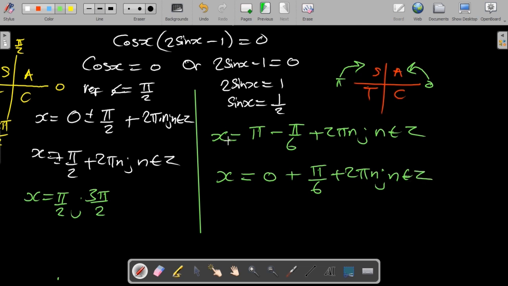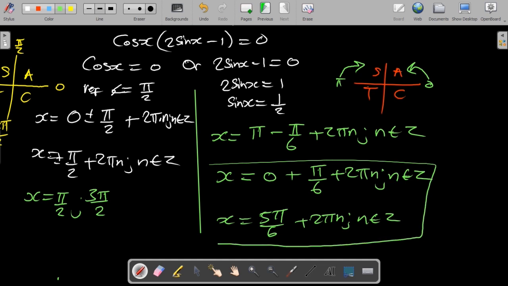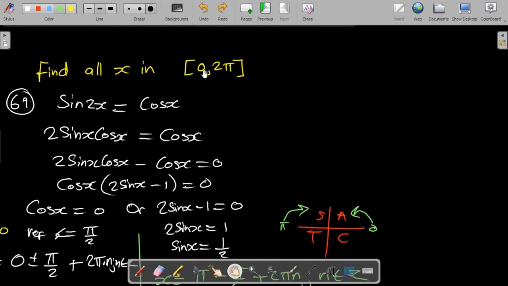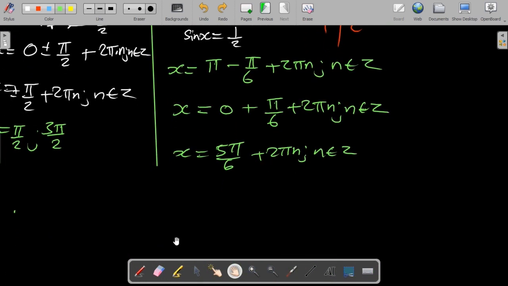So in the end, our two solutions are x equals, so this one would now be 5 pi over 6 plus 2 pi n, n is an integer, and this one will just be pi over 6 plus 2 pi n. So these are two solutions which you can substitute integers into to find the answers between 0 and 2 pi. So starting with this one, let's see what we can substitute over there.